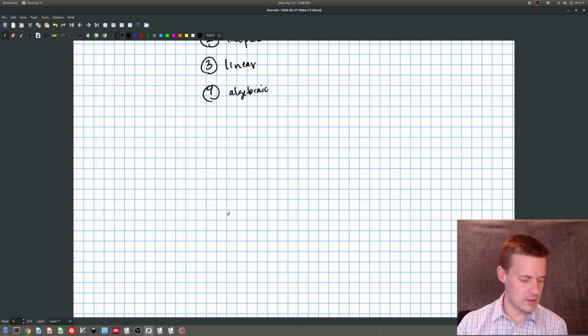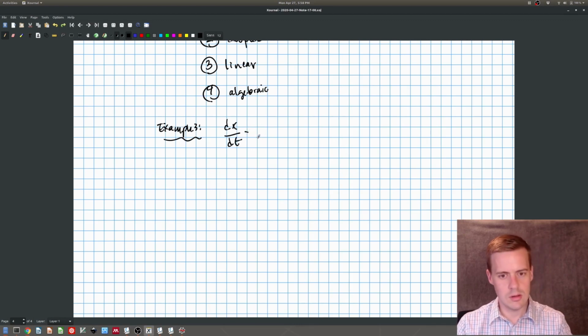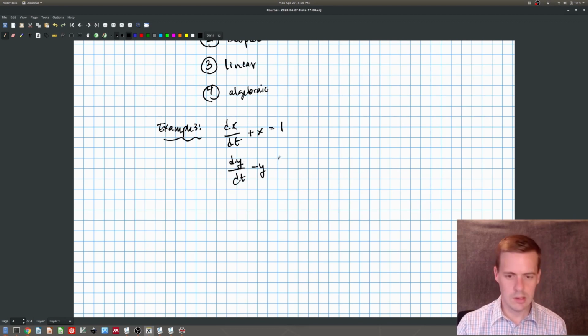All right, let's do one more example. Example 3, try this one. This is dx/dt plus x is equal to 1, and dy/dt minus y is equal to 4. Pause it, see if you can figure this one out, and then I'll answer it. Am I a system or a single equation? I'm a system, because I have 2 equations.